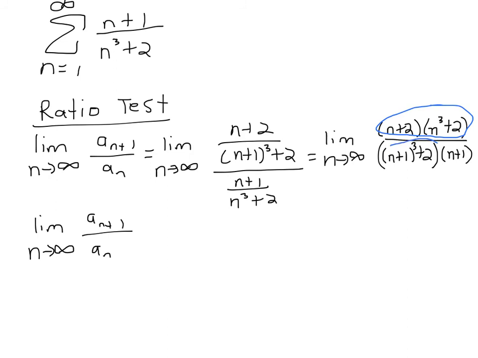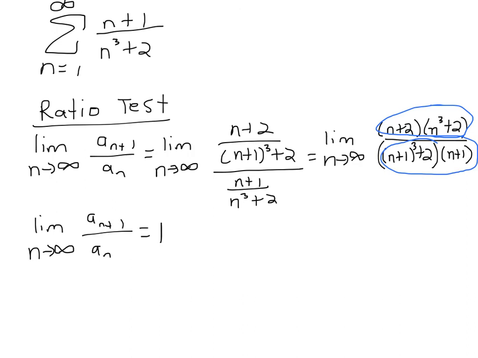And in the denominator, the same thing. I'd wind up with a quartic polynomial with a lead coefficient of 1. So I essentially have a quartic function divided by another quartic function. They both have a lead coefficient of 1. So the end behavior asymptote is going to be y equals 1. So this limit of the ratio of successive terms is just going to be 1.